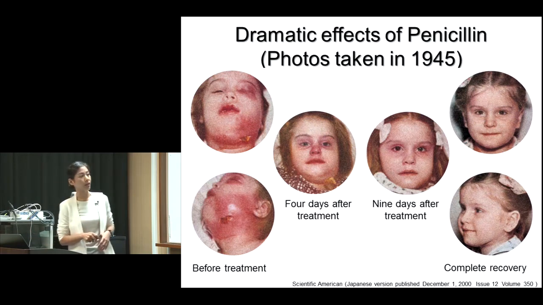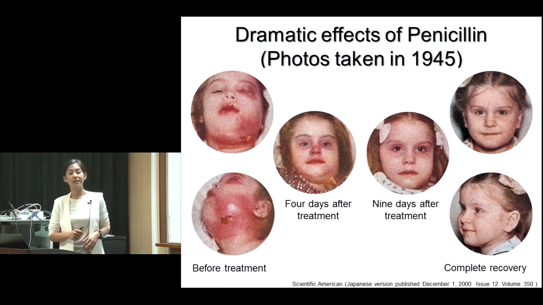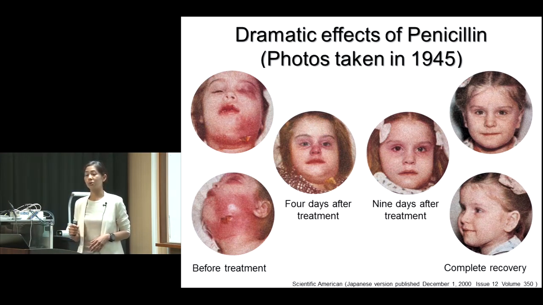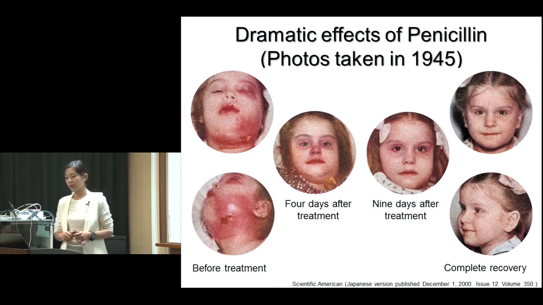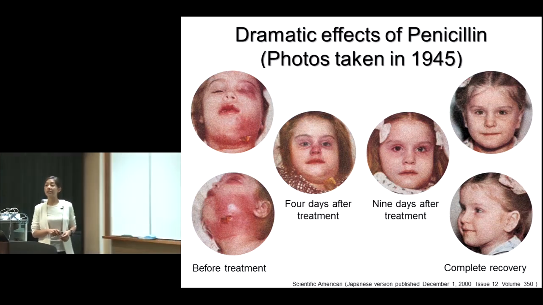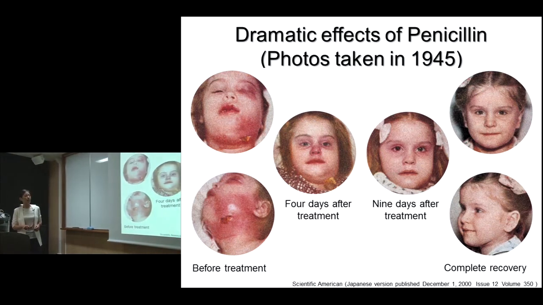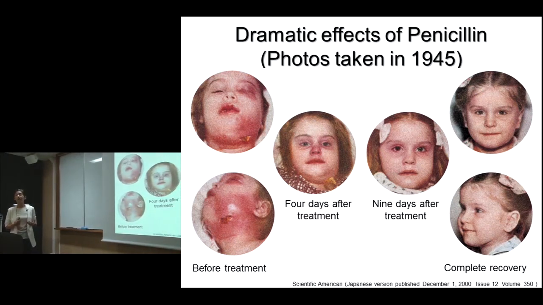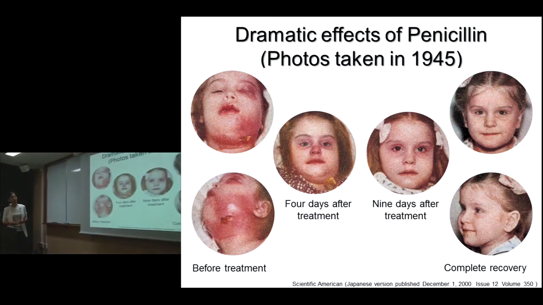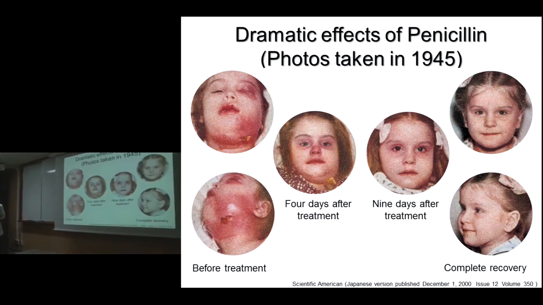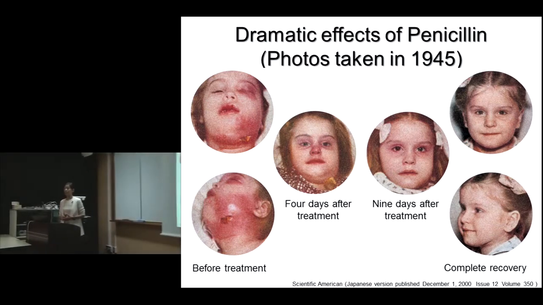And as you can see here, the threat of dying due to an infection was so real and severe during that time. So the photo shows the little girl who was suffering from infections. This was before the penicillin treatment. And a few days later, she seems to have recovered very rapidly, and not soon after the treatment of penicillin, she was completely healed.